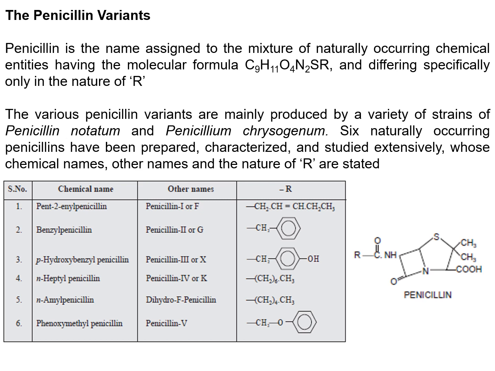If this beta-lactam ring structure is attached to 2-pentenyl, then it is said to be penicillin 1 or penicillin F. If it is attached to para-hydroxybenzyl, then it is penicillin X or penicillin 3.